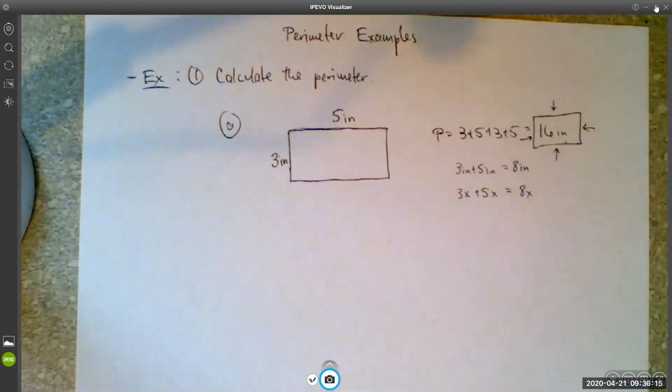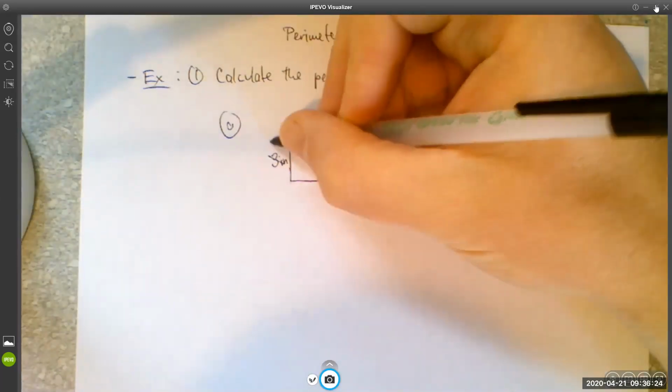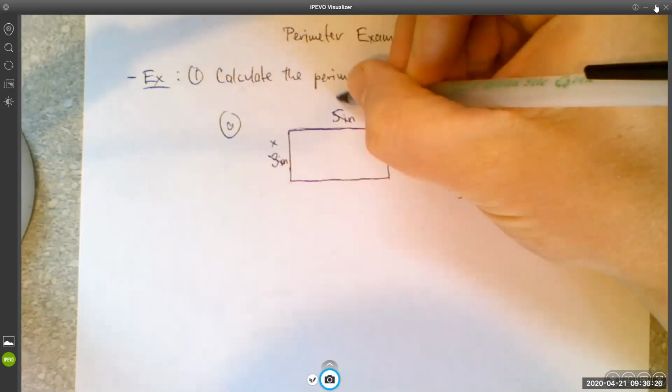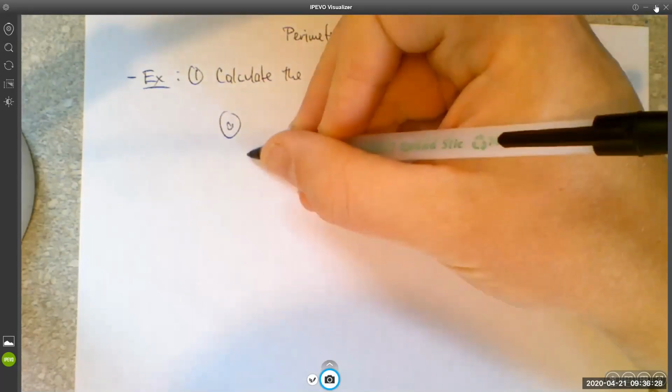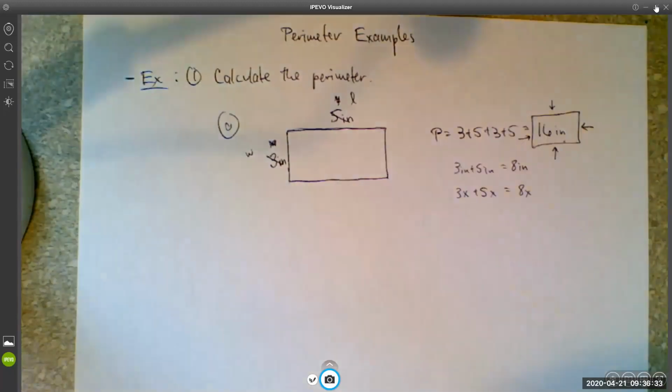Now, we could develop a formula for the perimeter of a rectangle pretty easily, right? So instead of 3 inches and 5 inches, let's just say this is x and let's just say this is y, or better yet, let's call this the width and let's call this the length, so W and L, right?